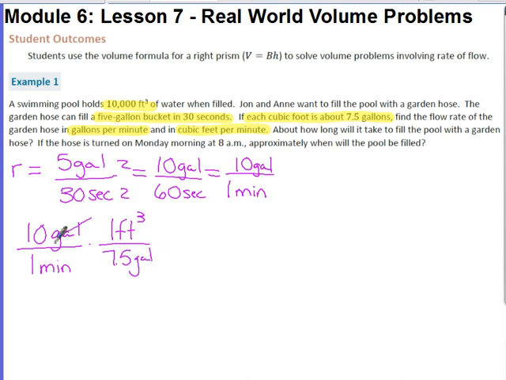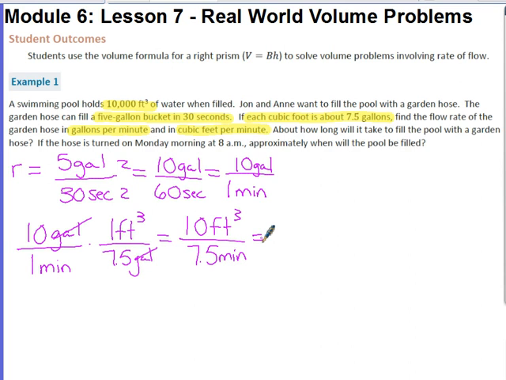So you'll notice here my gallons are going to cancel. We multiply across, so 10 times 1 gives us 10. And on the bottom, we have 7.5 minutes.